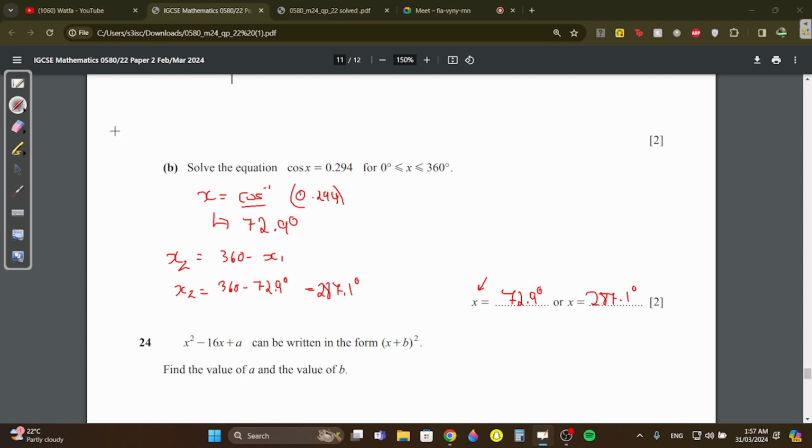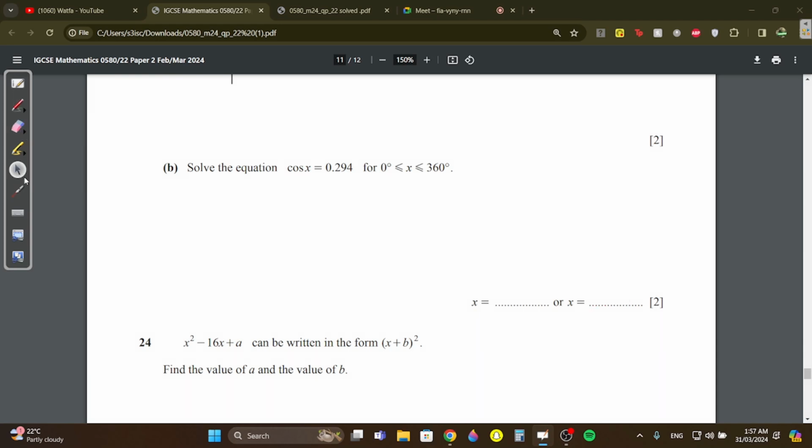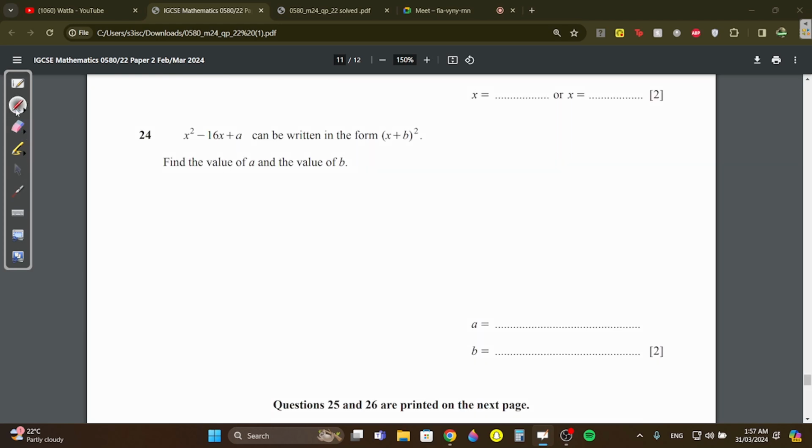Question 24. x squared minus 16x plus a can be written in the form x plus b all squared. Find the value of a and find the value of b. If you expand x plus b squared, you know the rule: a plus b squared is equal to a squared plus 2ab plus b squared.